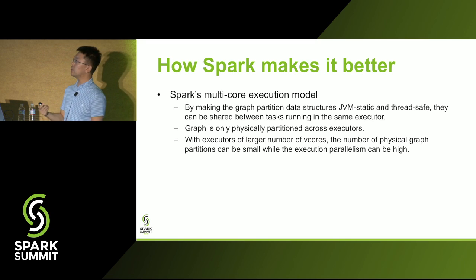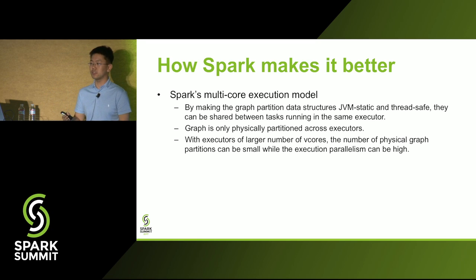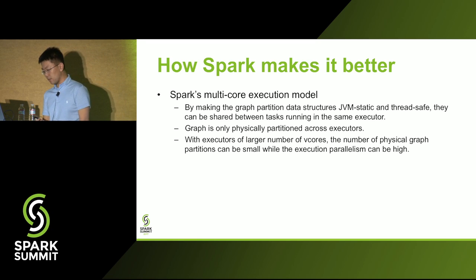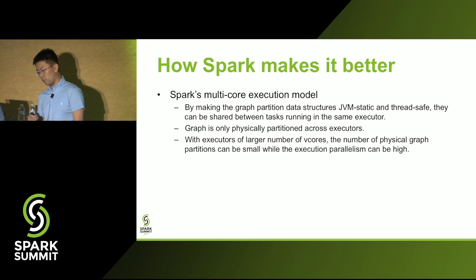Thus, by making the graph partition data structure JVM static as well as thread safe, we can easily share those graph partitions across the multiple cores on the same executor. This enables us to partition and process the graph using all the vcores available to the executors, while sharing all the local graph partitions between tasks launched on the same executors.